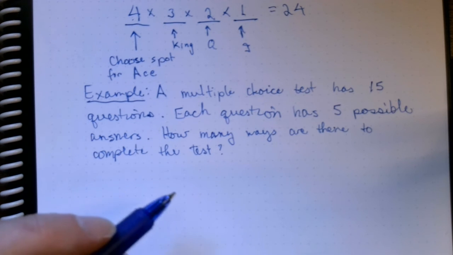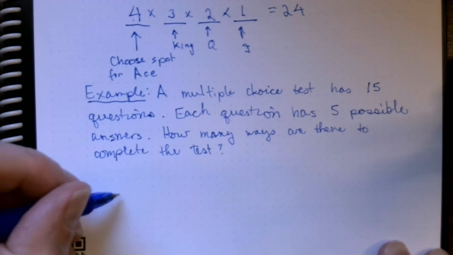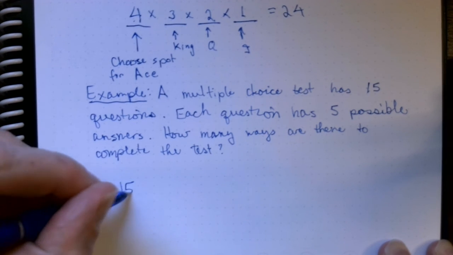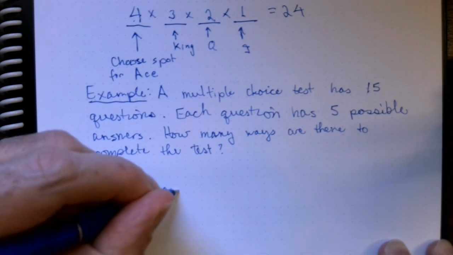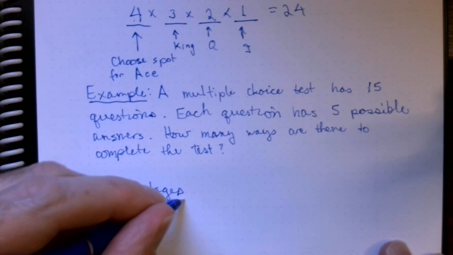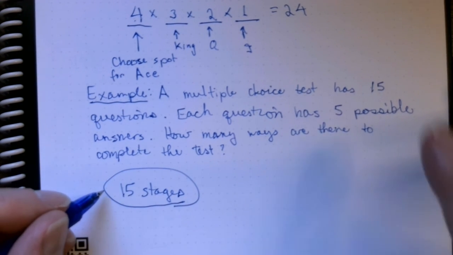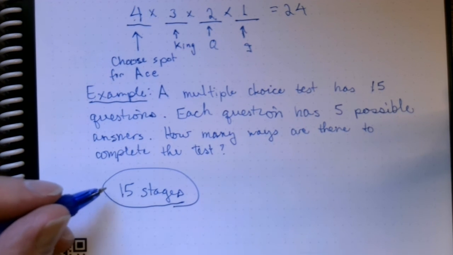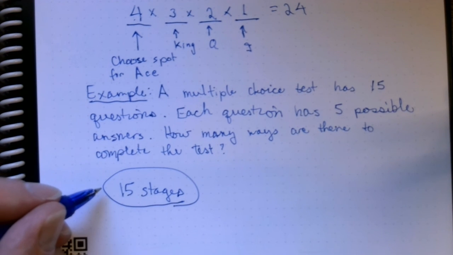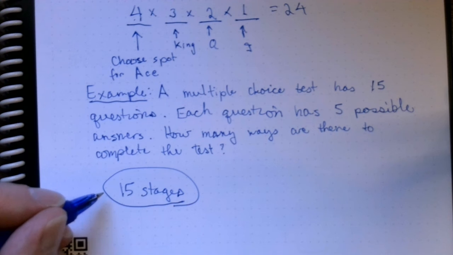Okay, so I claim that there are 15 stages to this. You're wanting to complete this test? It has 15 questions, so you better give me 15 answers. So this experiment has 15 stages.